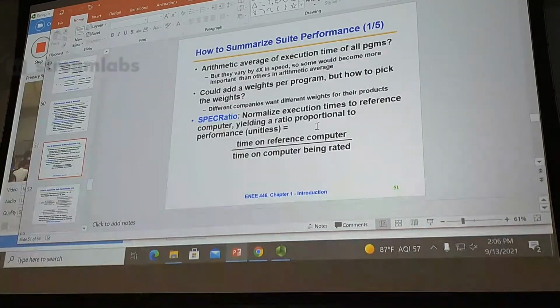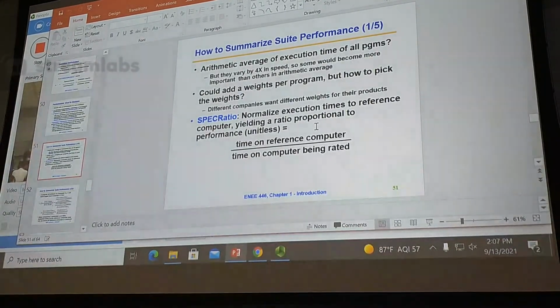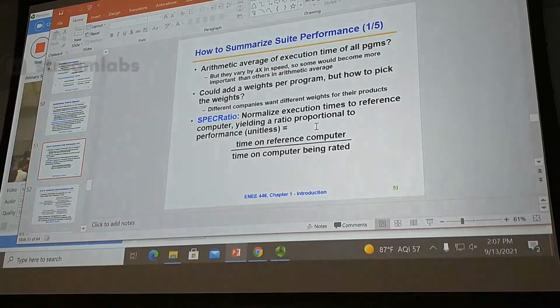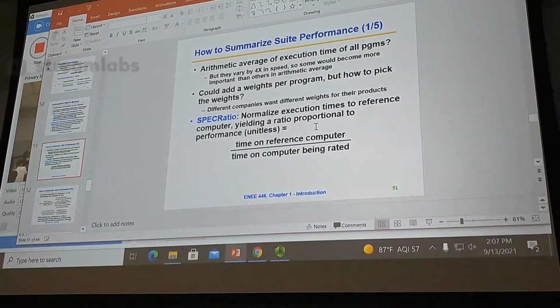So no matter which way you do it, when you summarize to a single number, you're losing information. You have to be aware of that.